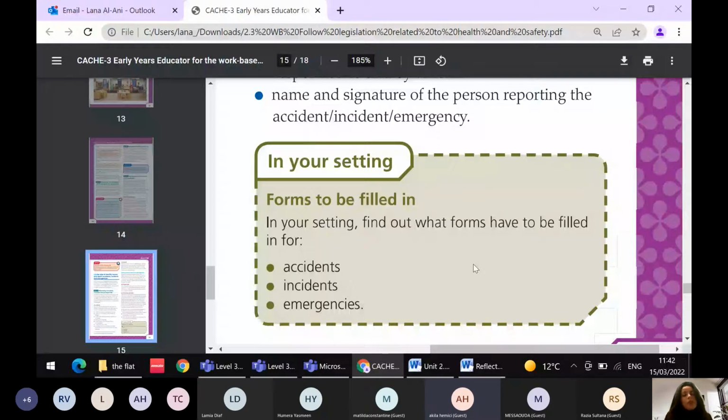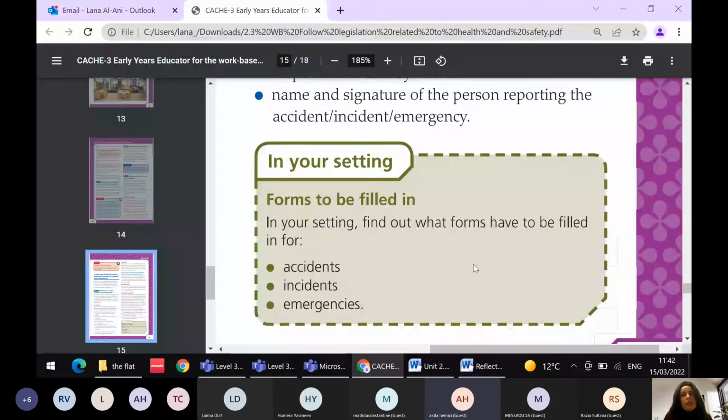So what I would do in this case, I would fill in a form to inform about the child, the time of the incident, the date of the incident, the full name of the child, his or her age, also the details of the disappearance and what happened after.